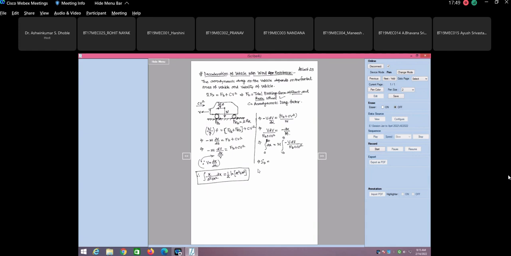So this comes out to be m by 2c log of, in bracket, fb plus cv square divided by fb.